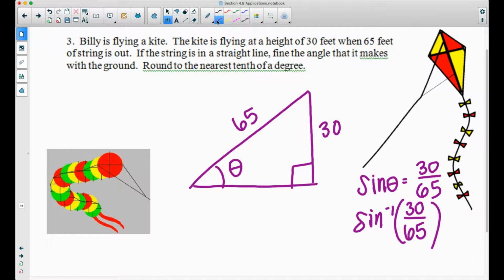Again, making sure we're in degree mode. And they said the nearest tenth, so we're dealing with 27.5 degrees.